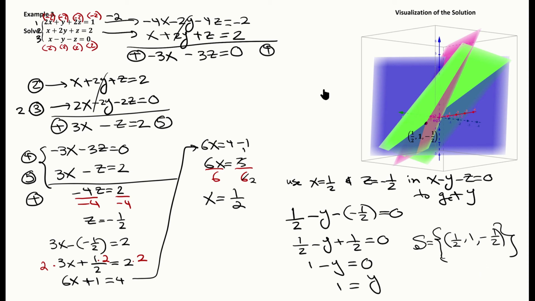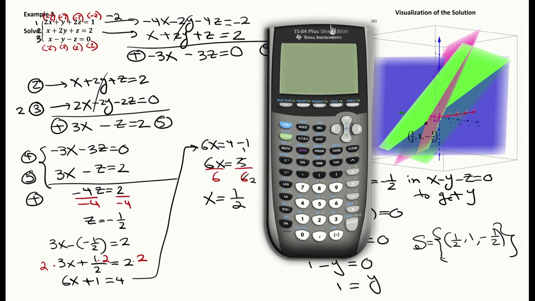But before you do that, I want to quickly show you how you could check on a calculator at least. So here's a calculator. We can take the first equation and substitute these values in it, see if it agrees.